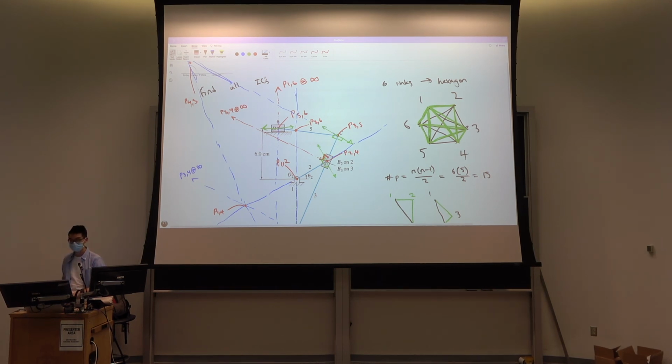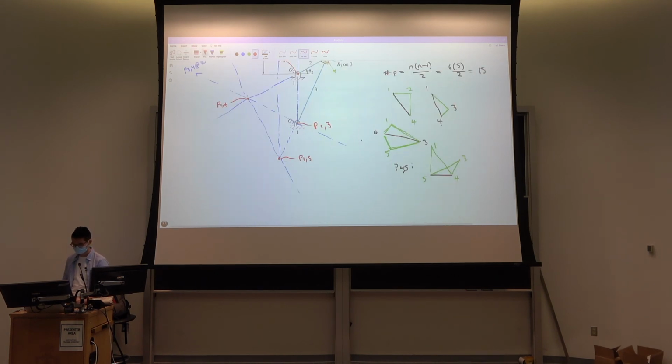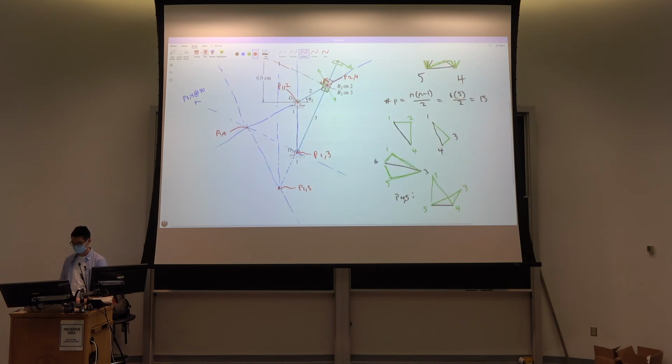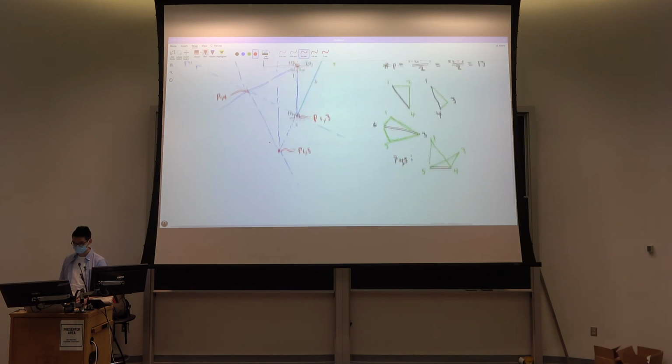You go over that one again? Yeah, okay, so someone's asking to go over that one again. So we're looking for P45. And we found two triangles that work for that because P45 is the only unsolved edge on those two triangles. So starting with the triangle 3, 4, 5, we can join 3, 4 and 3, 5.